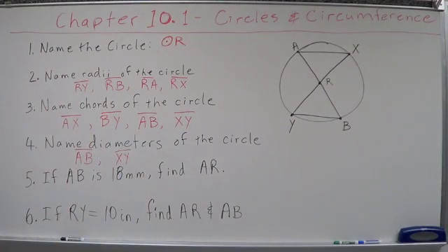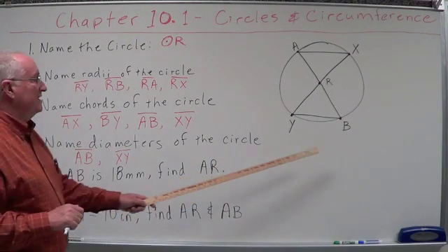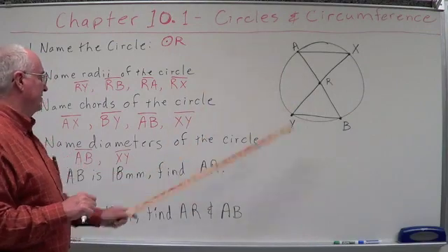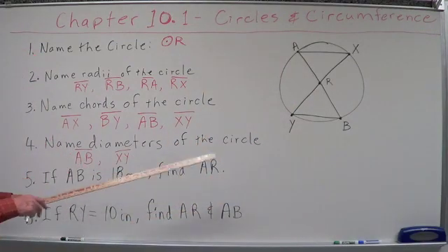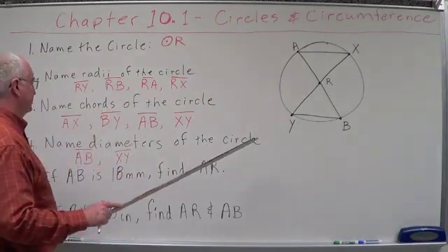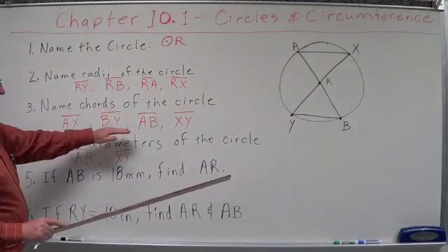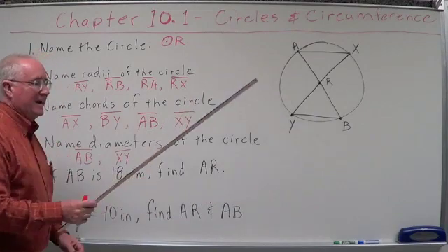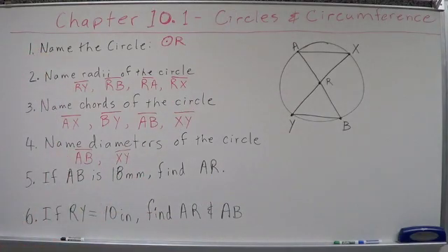Now let's do a little math. If AB is 18 millimeters, then find AR. Well, AR is a radius, right? AB is the diameter. We know that the diameter equals 2 times the radius, or radius equals 1/2 of the diameter.